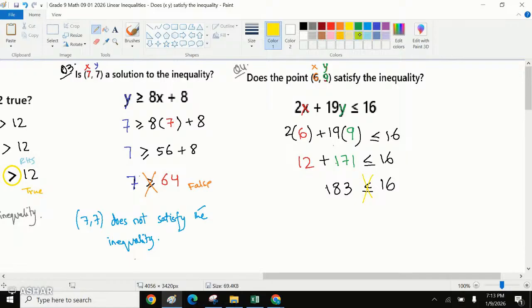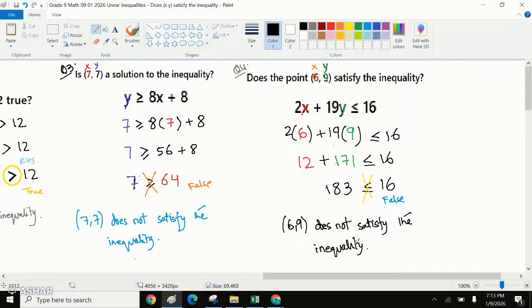The statement is false. So what we can say is 6 comma 9 does not satisfy or justify the given inequality.